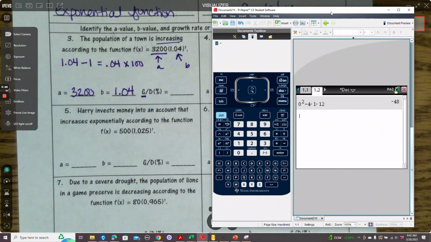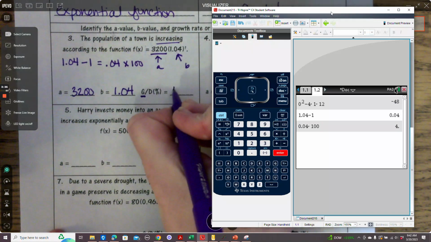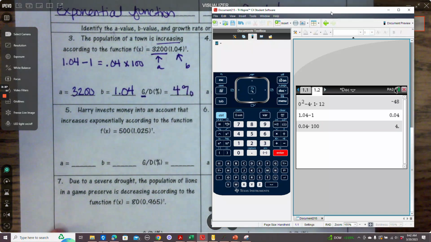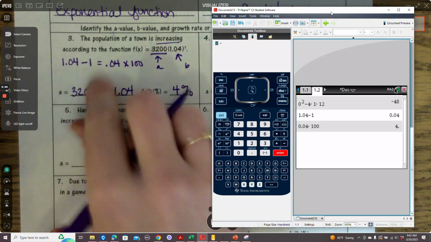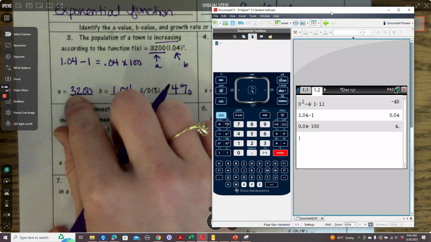So if it's growth, I'm going to take the b value, I'm going to subtract 1, and then I'm going to multiply it by 100. And that means the growth rate is 4%. And it's always going to be a 1. You're always going to subtract a 1. That's just how percentages work.